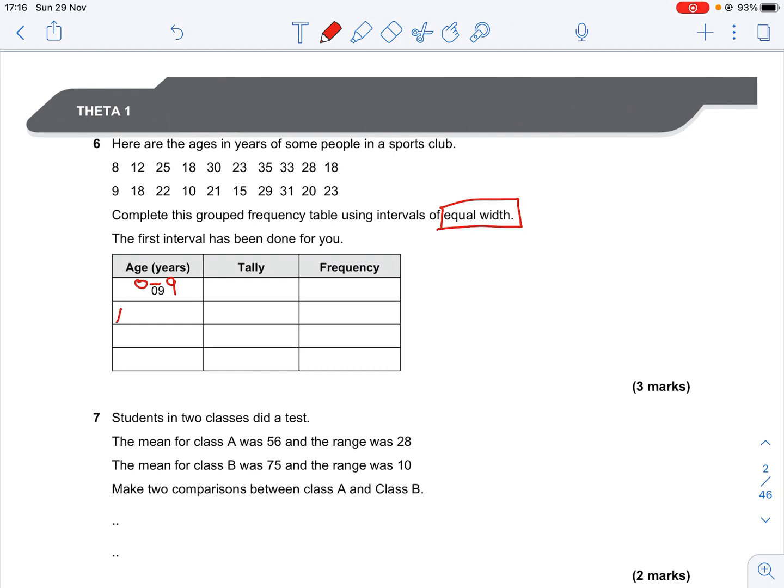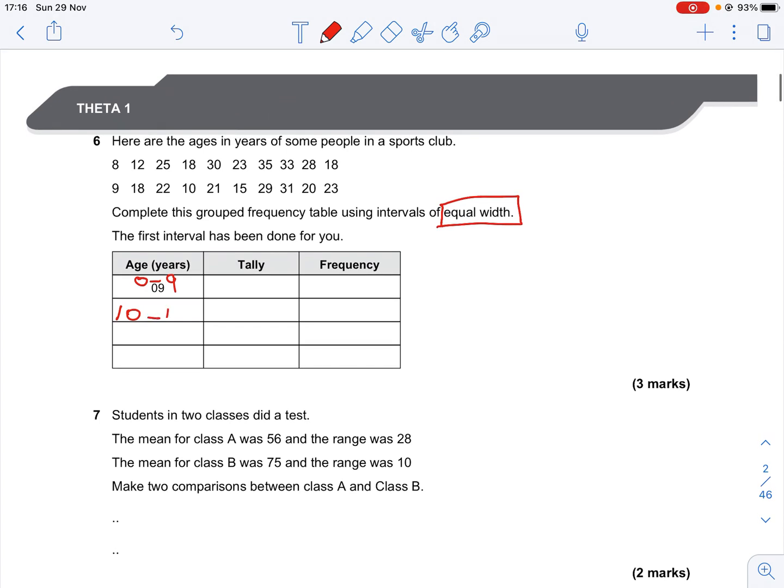Remember, the next one we start with 10, so it's going to be 10, 11, 12, 13, 14, 15, 16, 17, 18, 19. So they have equal width. Again, the next ones are going to be 20 to 29 and 30 to 39.